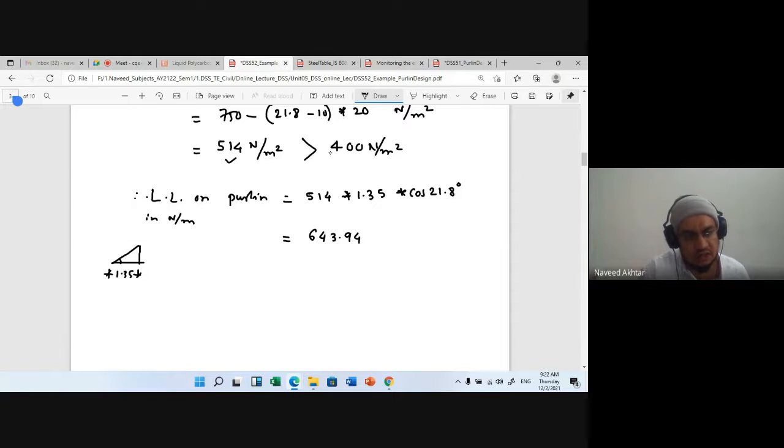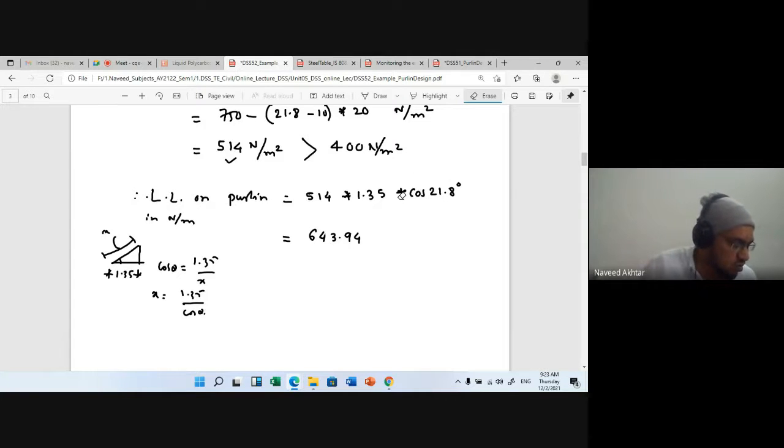So the slope length is x, and cos theta is equal to 1.35 upon x, so x is equal to 1.35 upon cos theta for the sloping portion. So here we have to divide rather than multiply, I think. Cos theta is adjacent upon hypotenuse, and the hypotenuse we don't know.